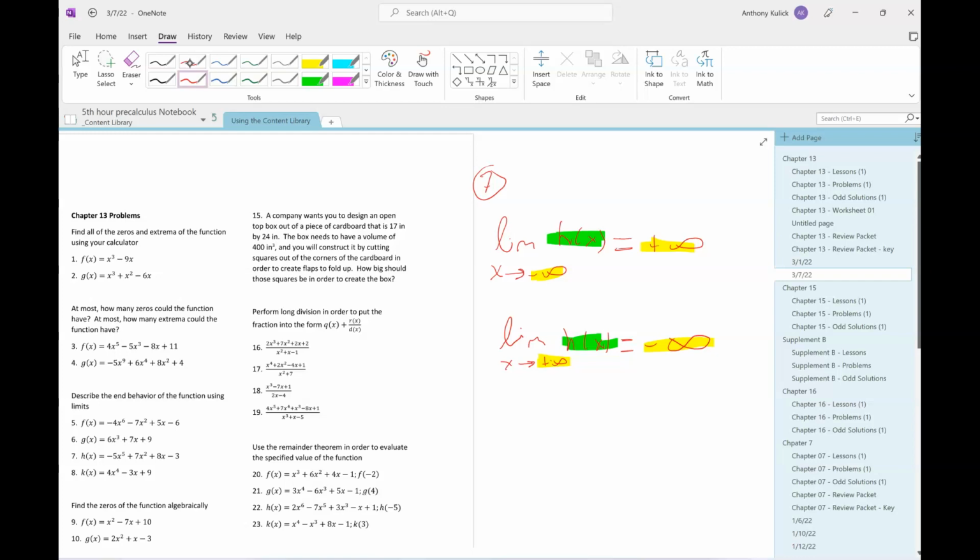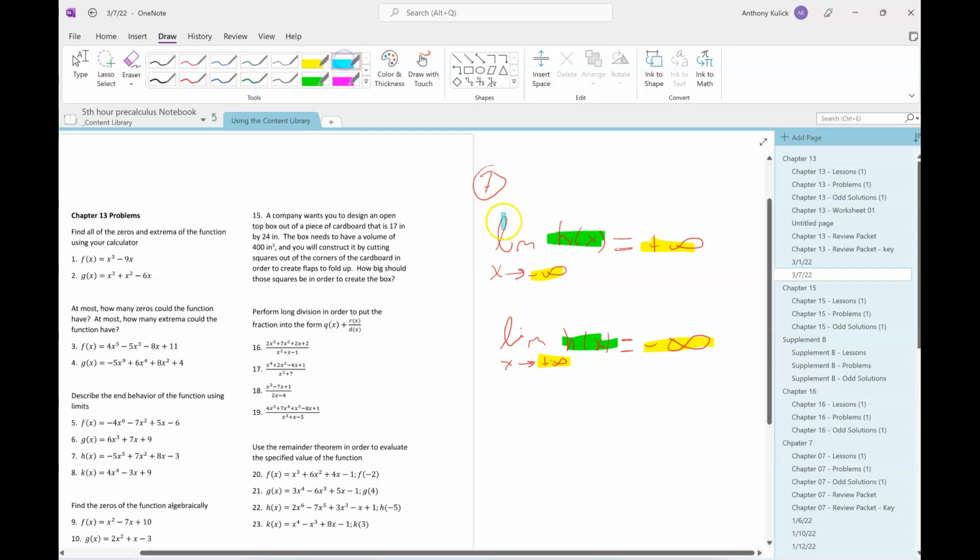Anybody else? Questions from the homework here? Okay. So again, with the limit piece, the stuff in blue, you write every single time.